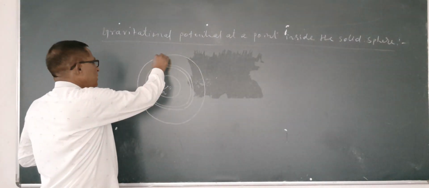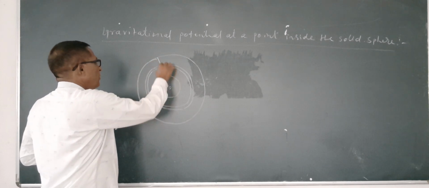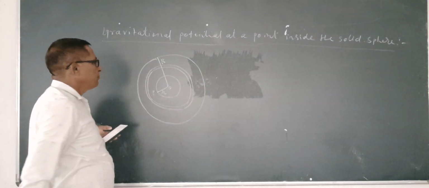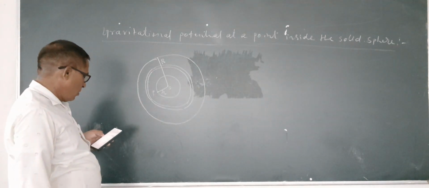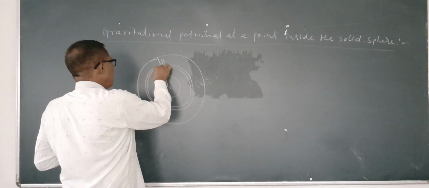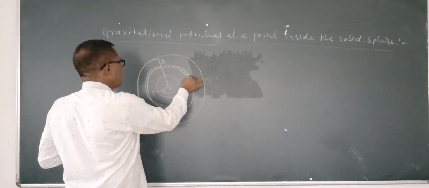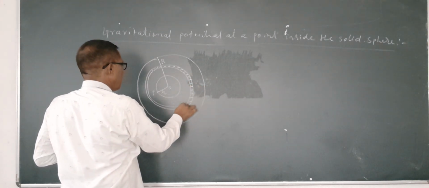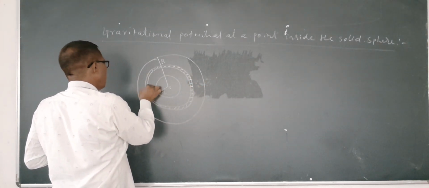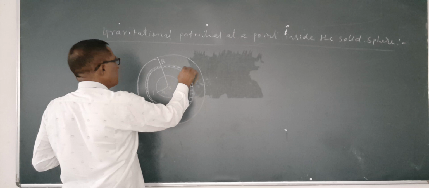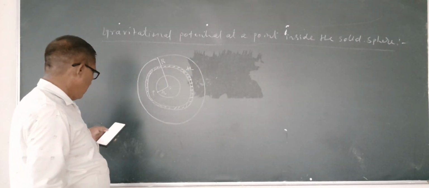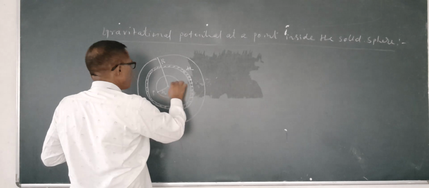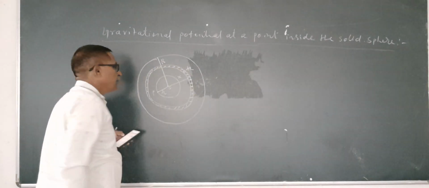Now, this is the radius of this solid sphere, and this part is the dx that we will explain somewhat later.